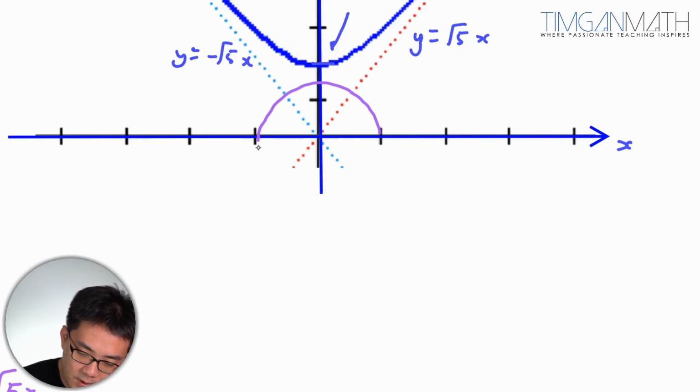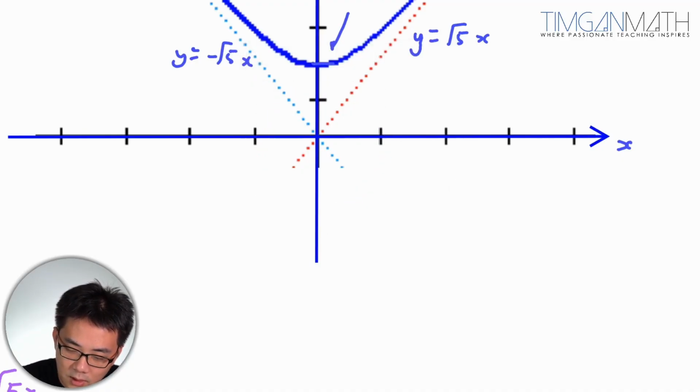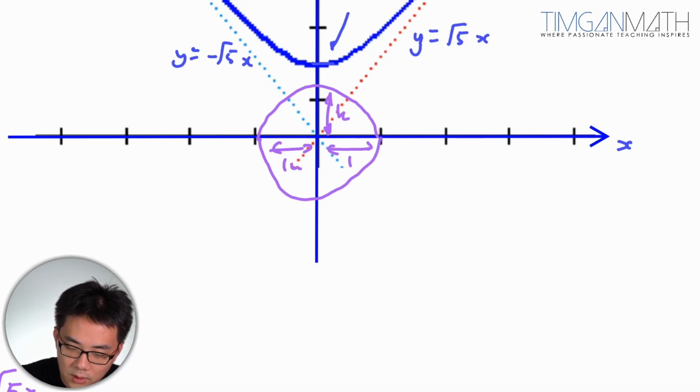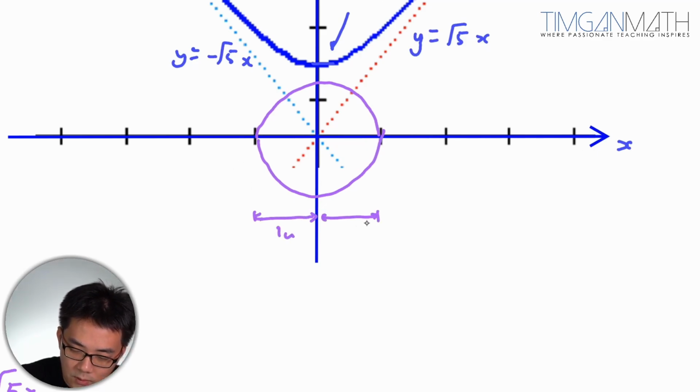In the exam, what you need to visualize is that the ellipse here is changing with respect to the height here. This is 1 unit, this is 1 unit.